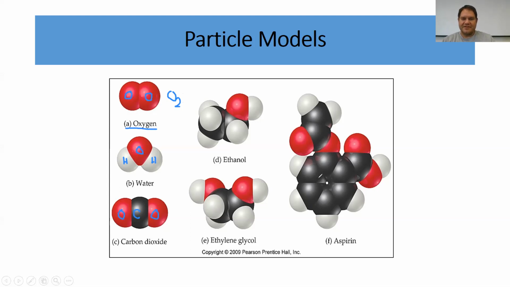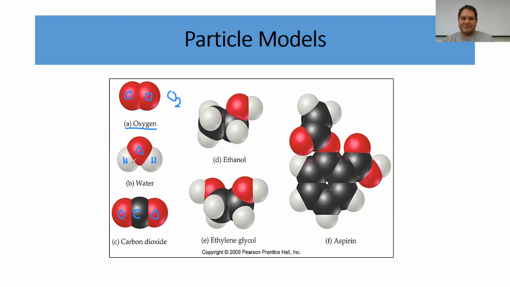So we can use different colors, again, to represent different atoms, and these models are called space filling models. We will use and talk about space filling models, and essentially they just show the connectivity of the atoms together.